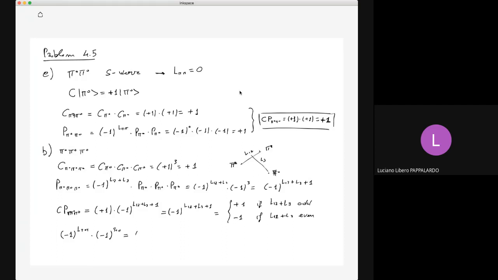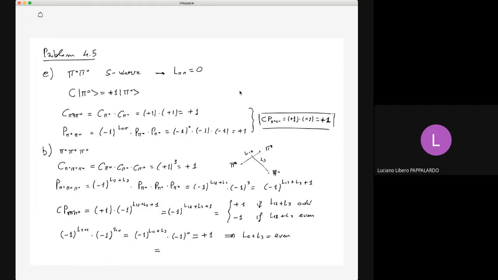So for the total angular momentum, we still have the ambiguity, so (-1) to the L12 plus L3. For the spin, we know that this is 0. And since we want our total wave function to be symmetric, this must be equal to +1. And so this is only possible if L12 plus L3 is an even number.